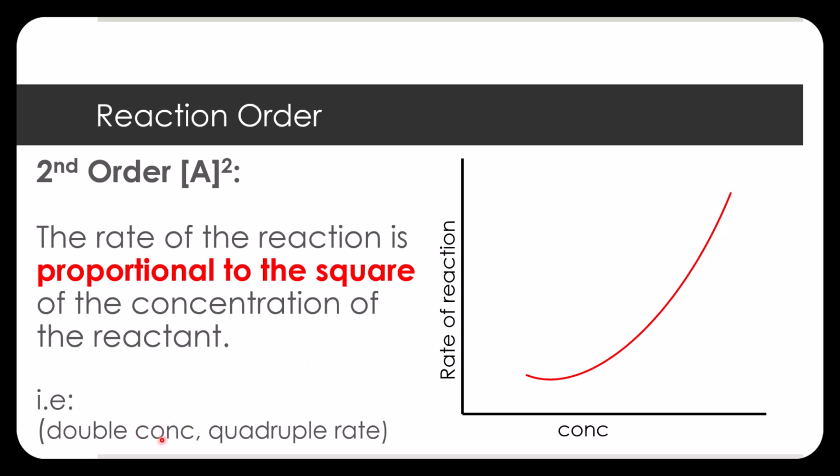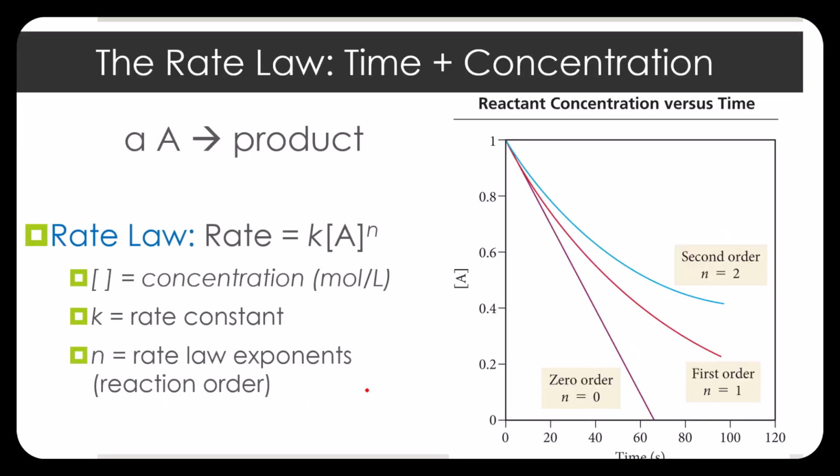If I double the concentration, the rate is going to quadruple. That comes from 2 squared, which equals 4, meaning the rate quadrupled. So again, rate is dependent upon the concentration, and it's an exponential dependence.